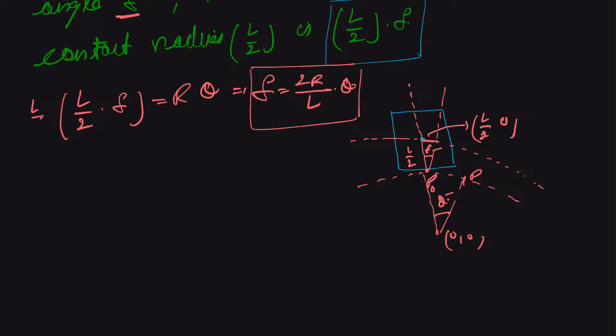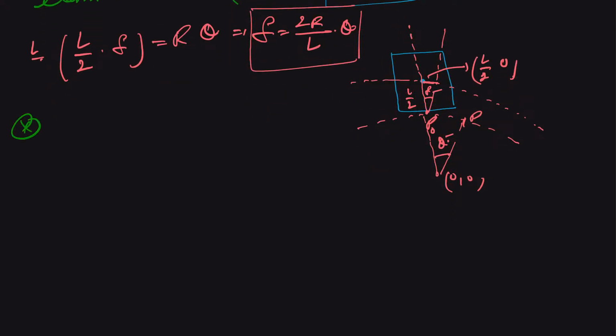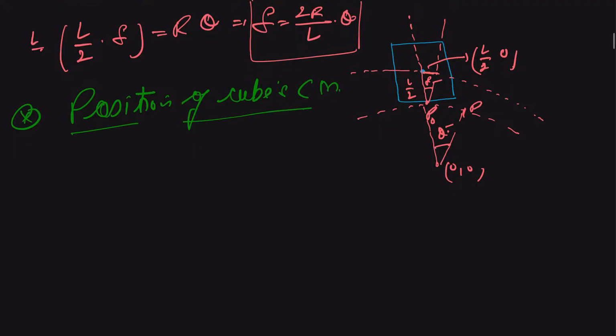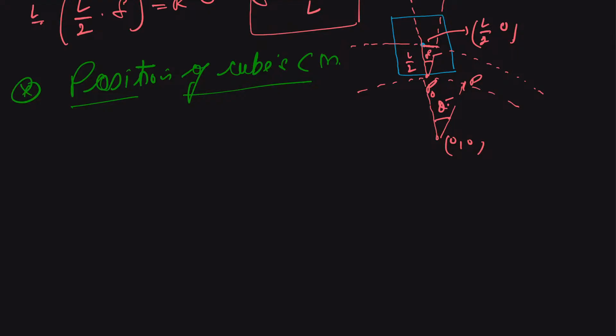Now, like I said, this cube is rotating about its center of mass. So we can find out its position, you can say its radius vector with respect to theta. Therefore, we can say the position of the cube's center of mass when theta is equal to 0.